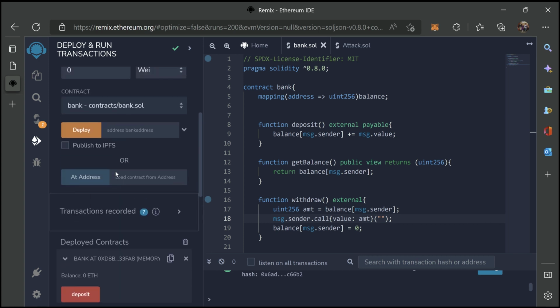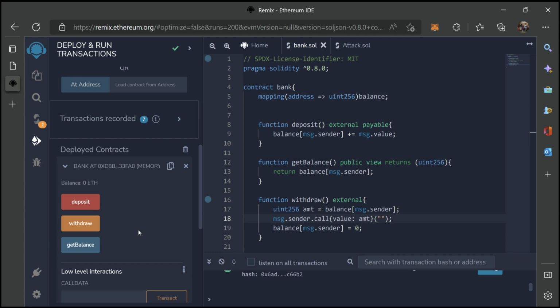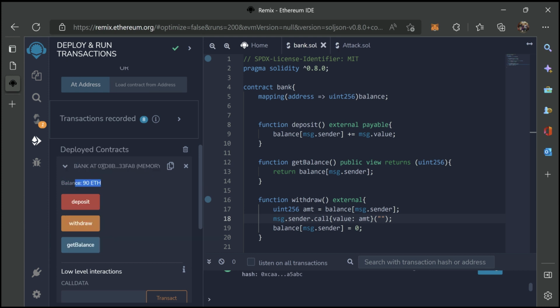deposit 90. Okay, let's say 90 is going to be 18.0 over here. I call deposit. As you can see now, this balance is for the whole smart contract, the total.